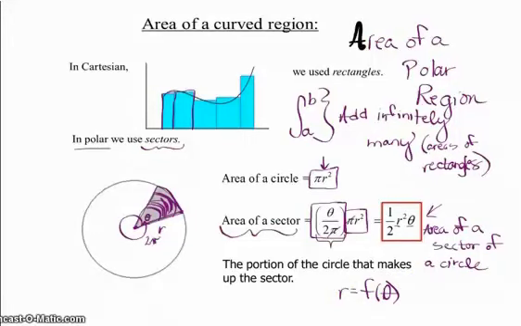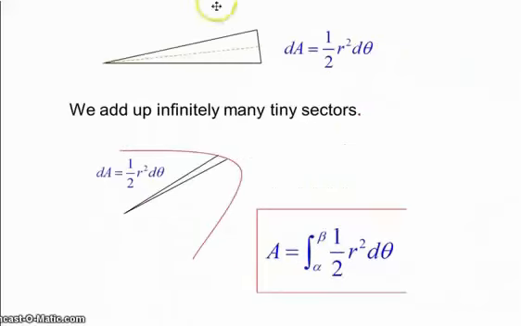So if we added up infinitely many sectors and we had the change in our theta be super, super tiny, like on our rectangles, we said the widths of our rectangles are tiny changes along our axis. Last fall, it was all of the time changes along the horizontal axis, but we saw earlier in the lessons that we can have changes along the y-axis as well.